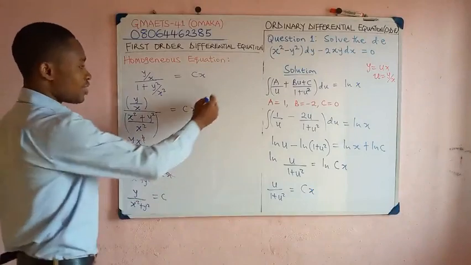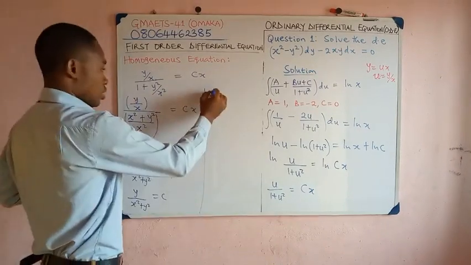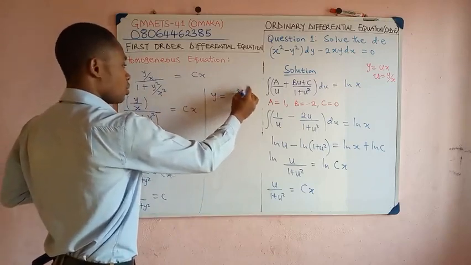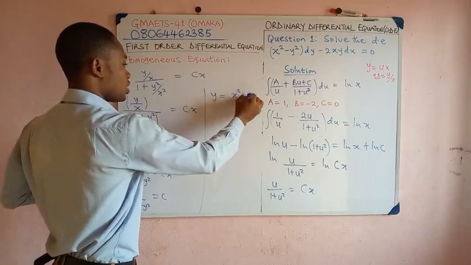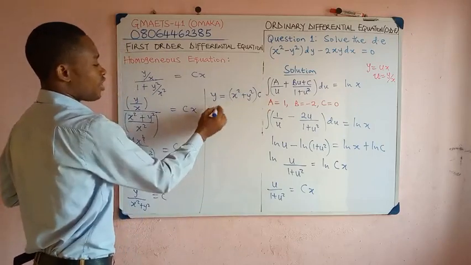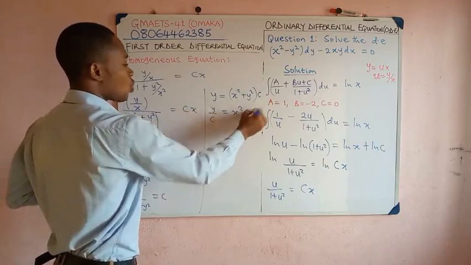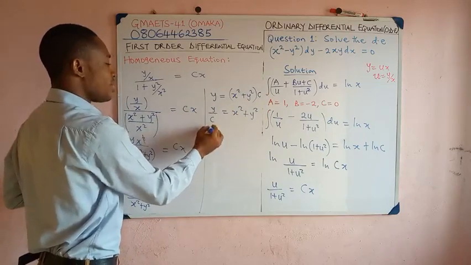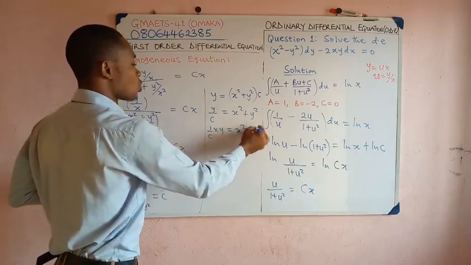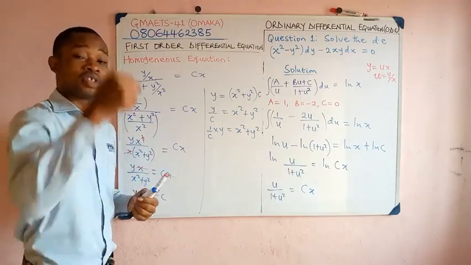Or we can choose to write this as y equal to x squared plus y squared times c, whereby this c will come over here as denominator, y over c equal to x squared plus y squared. And you know that this is the same as 1 over c times y equal to x squared plus y squared. 1 over c is constant divided by constant, which will still give you a constant.